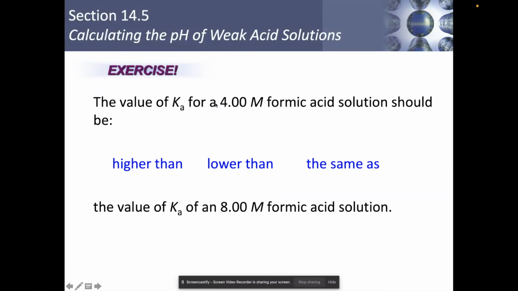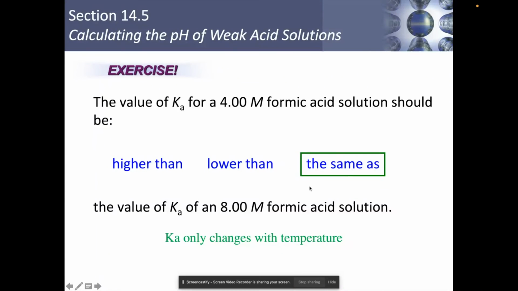Now, the value of Ka for 4.0 M, is that going to be higher, lower, or the same as the Ka value for 8.00 molar formic acid? It's not a trick question. It should be the same. And this is because Ka only changes with temperature.